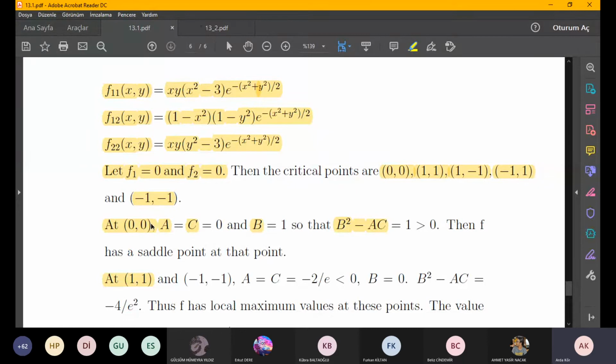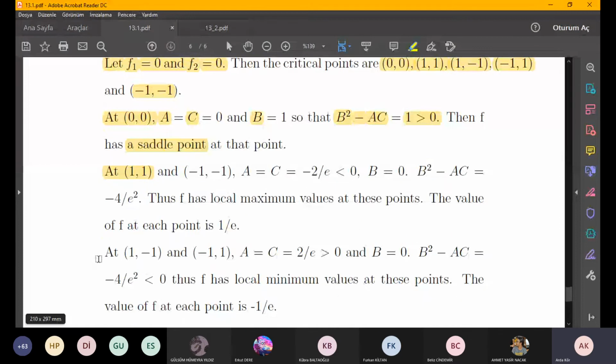For the critical point (0,0), it will be 1, which is a positive value, and from the test, that means the critical point (0,0) is a saddle point of our function. So we already classified one of the critical points, which is the origin.